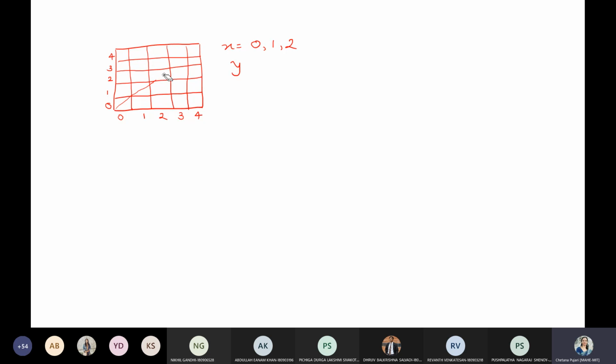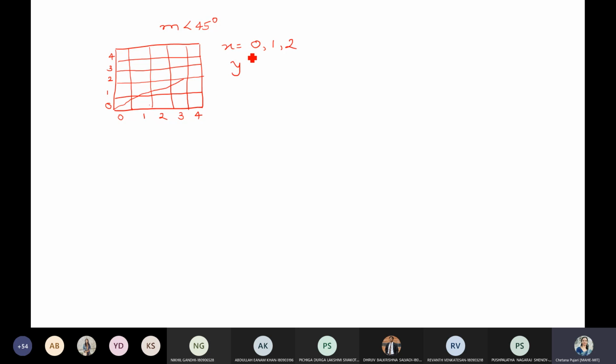I'll just undo this. I'm going to consider a line for the condition when m is less than 45 degrees, and this is our line.